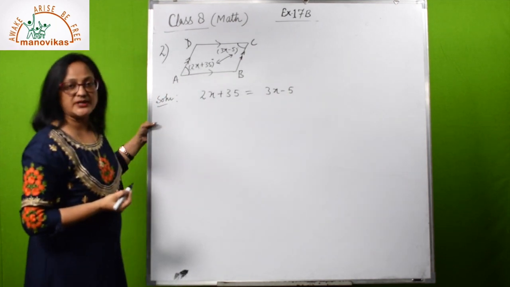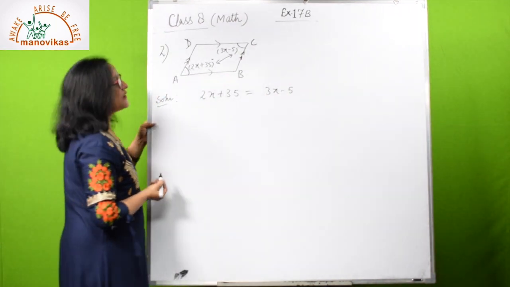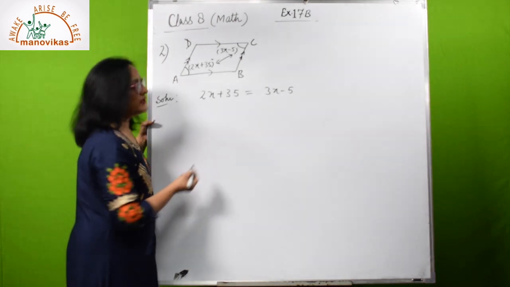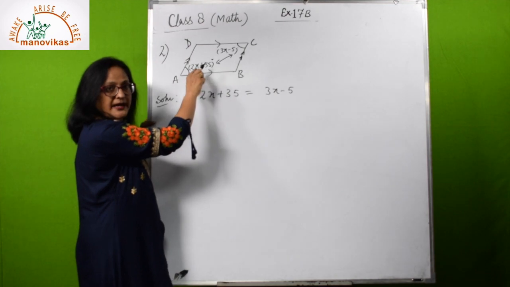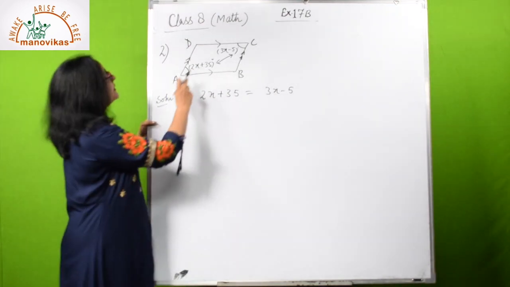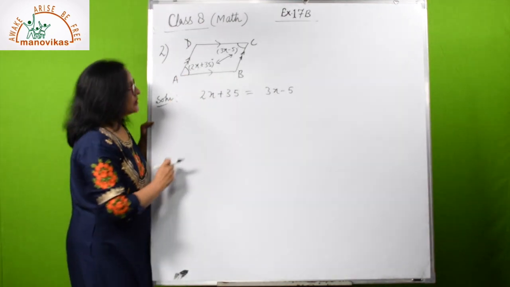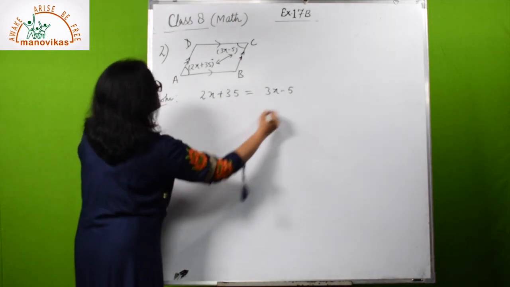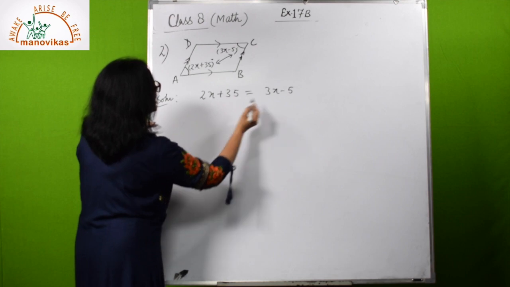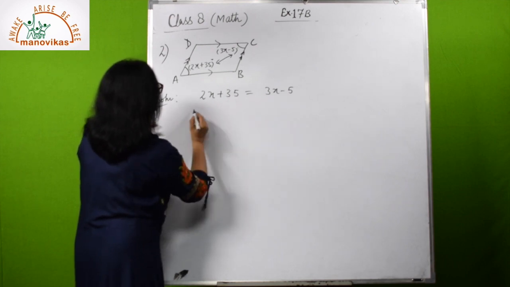Now this is a simple linear equation where you have to find the value of x. When you get the value of x here, you will substitute this value here and you will get the angle in degrees. So find x. So 2x we will shift to the right hand side and 5 we will shift to this side.